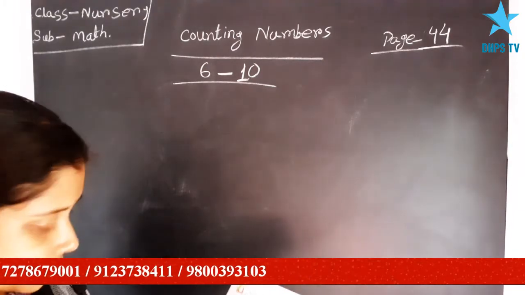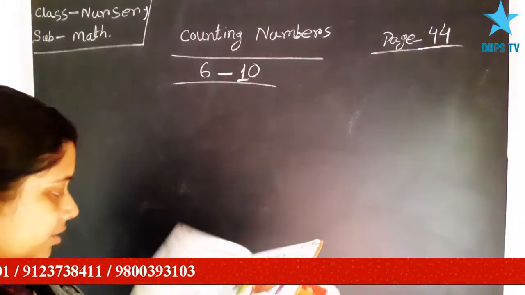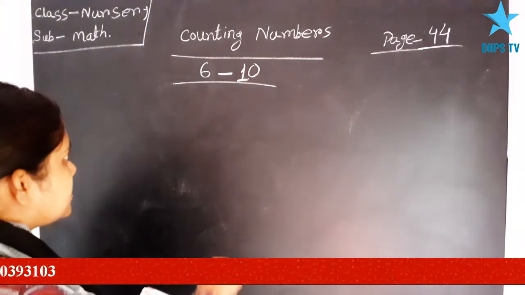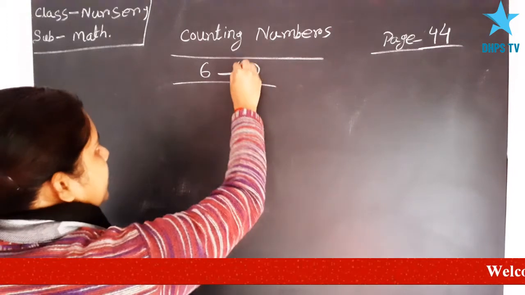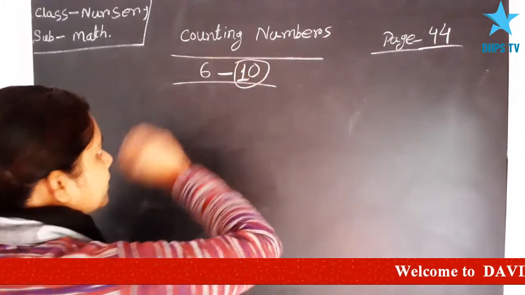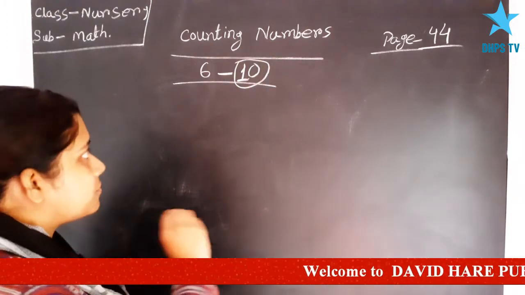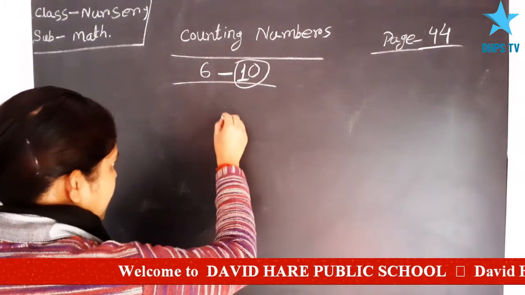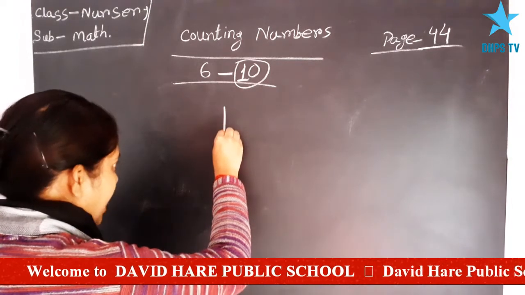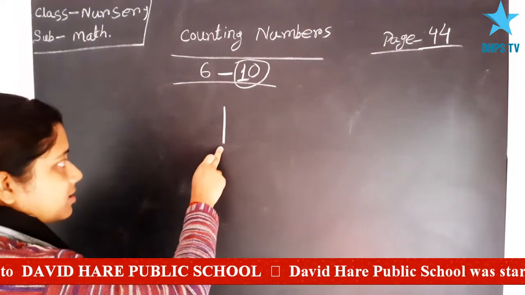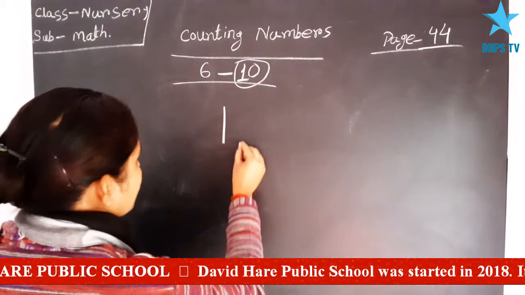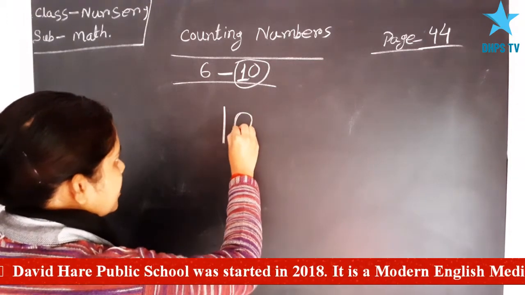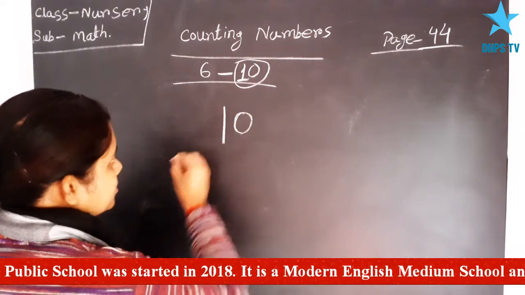Now I am going to write the number 10. This is very easy. Already in the previous class you have learned how to write 1. So you can write 10 like that. At first write 1. 1 means a simple straight line. Then make a 0. 0 means a circle, a round shape.